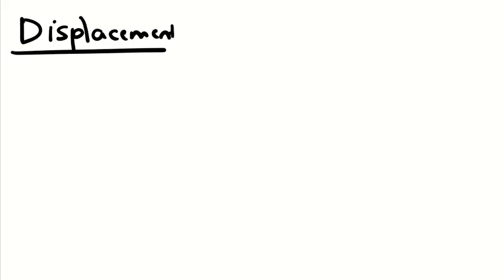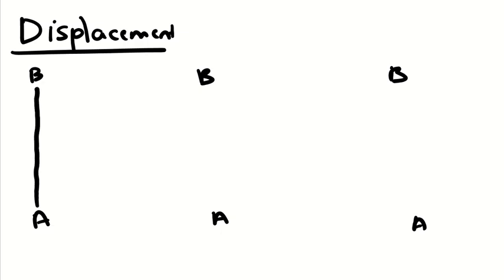Now, the next topic we are going to talk about is displacement. To understand displacement, let me take three examples. There are three cases to go from A to B. Three people are moving from A to B, but they have taken three different paths. The first one, let's say his name is Mohan, went from A to B in a very straight path.